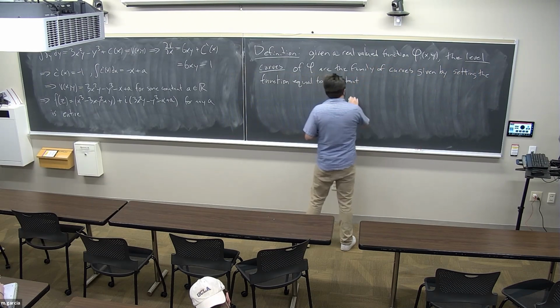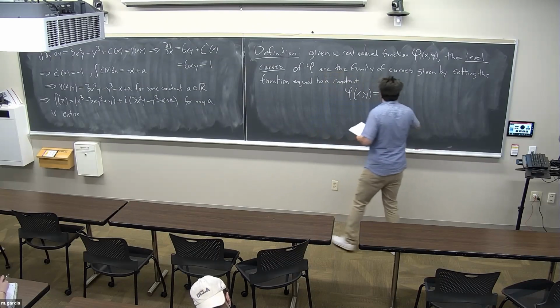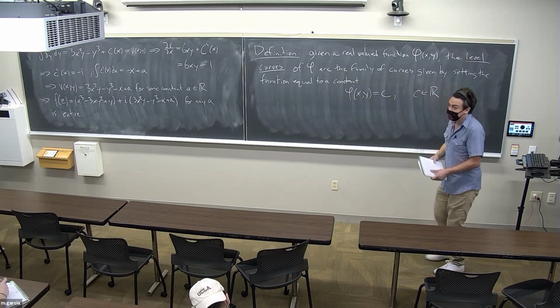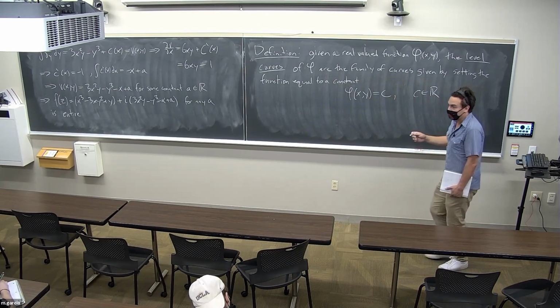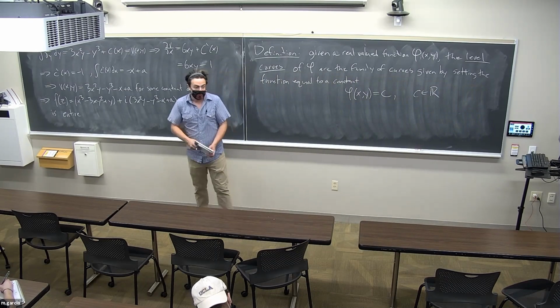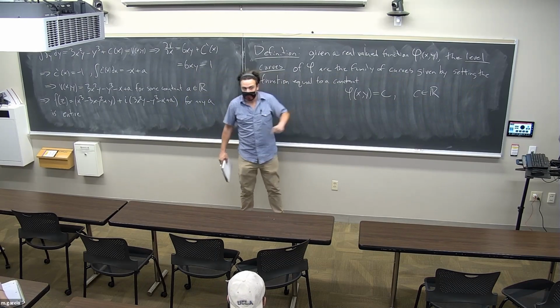That is to say, take some real number c and set my function equal to that, and I look at the set of points in the plane that satisfy this equation after choosing a c.